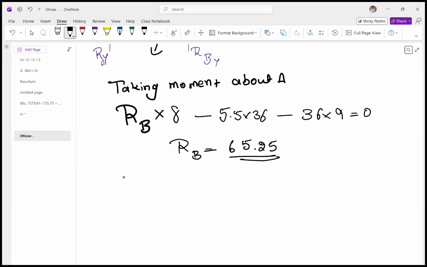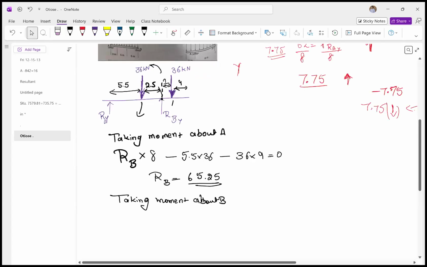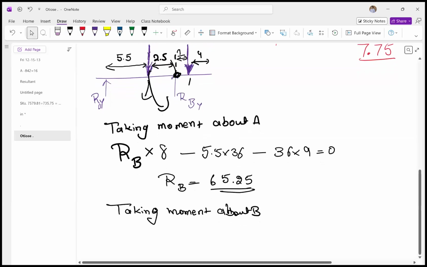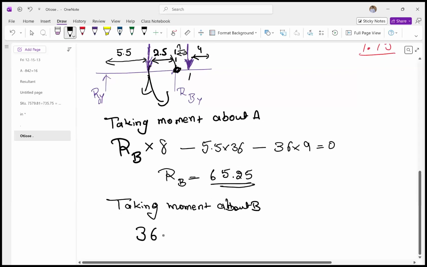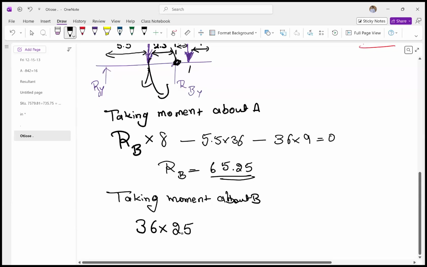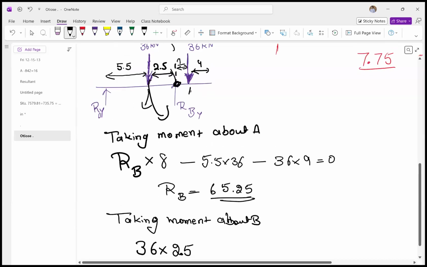And then we're going to use the other one, taking moment about B, about point B. So if I take the moment about this point, this is rotating in the counterclockwise direction. So 36 times 2.5 is positive, and this load is rotating in the clockwise direction.